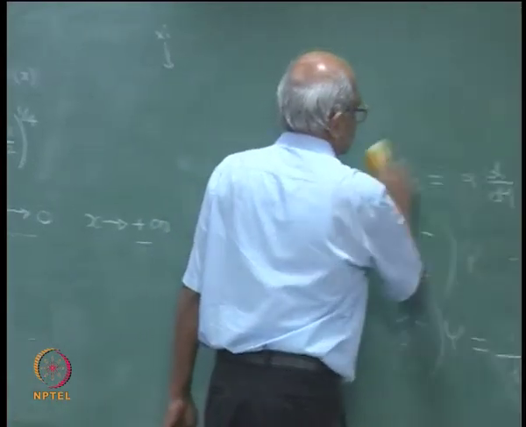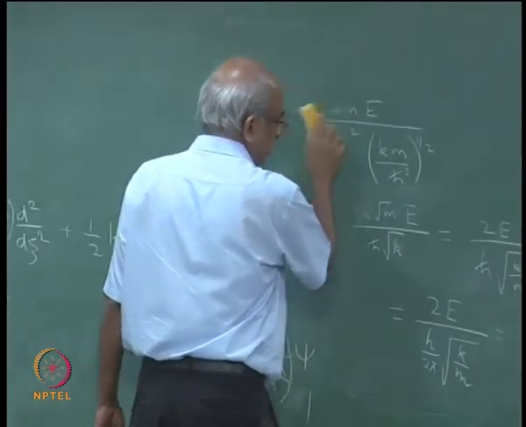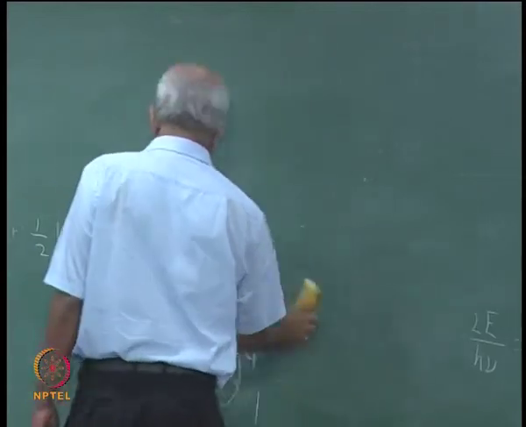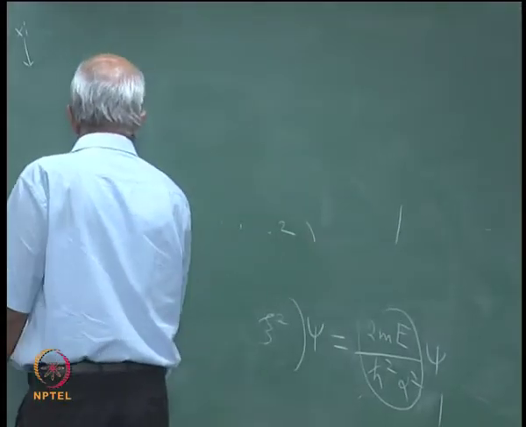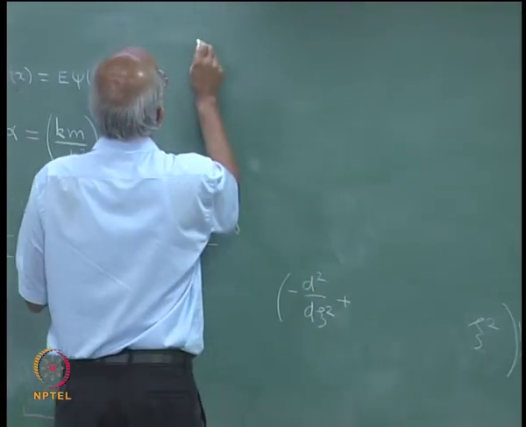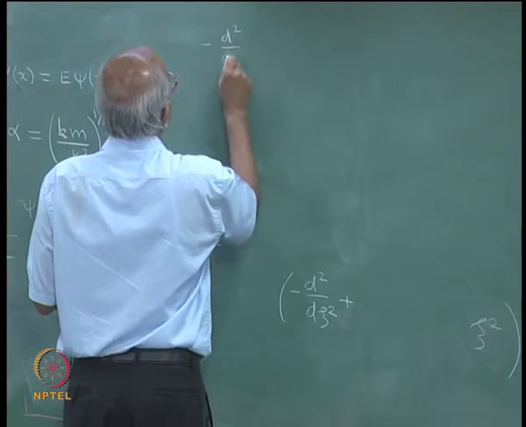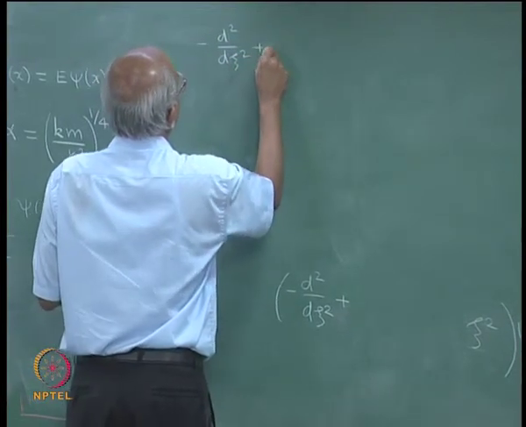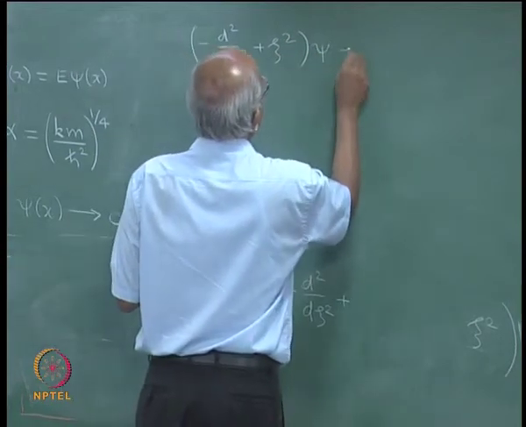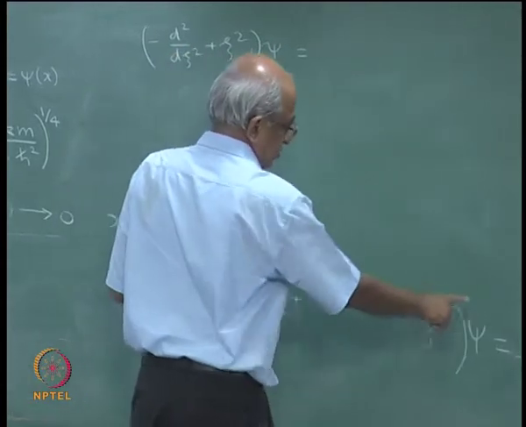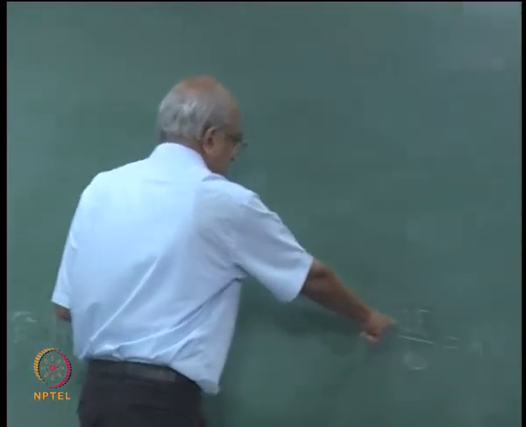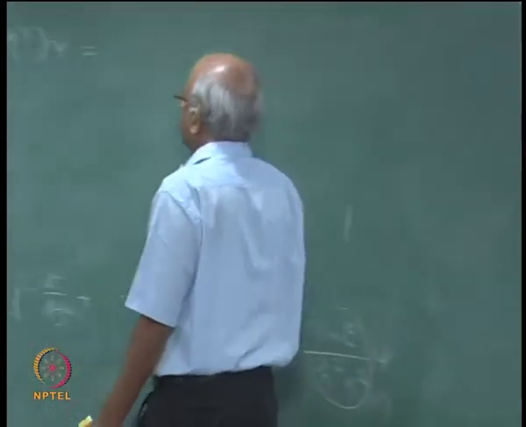And therefore, what has happened to my differential equation? My differential equation now looks much better than earlier. The way it looks is minus d square upon dx square plus c square operating upon psi is equal to 2E by h cross square alpha square, but that is actually something that we have calculated, it is equal to lambda, that is the notation.